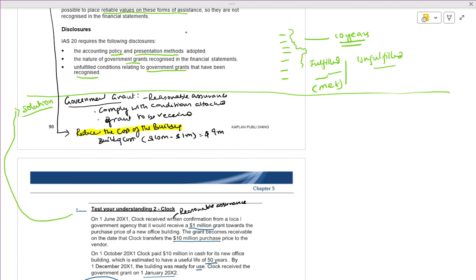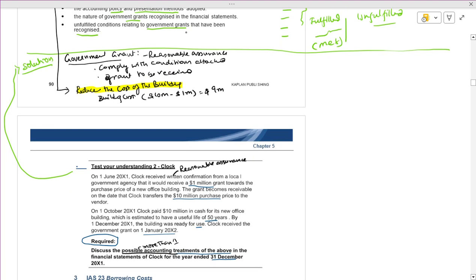Now, when they have said it is June 1st, and they are going to calculate it on 31st December, it is for 6 months.